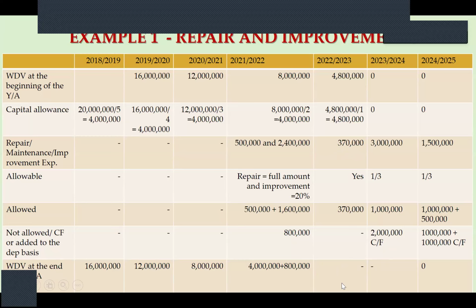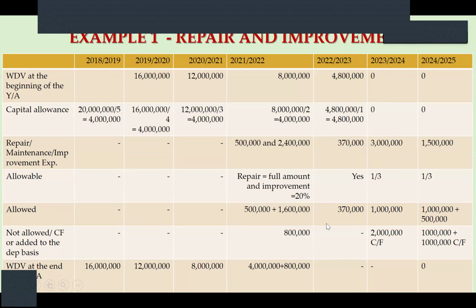Now we have an issue. Since the written down value is 0, we cannot multiply it by 20% to calculate the allowable value. Improvement cost 3 million was incurred during the 23-24 year of assessment. Since the previous year written down value is 0, we cannot calculate the allowable amount by multiplying by 20%.